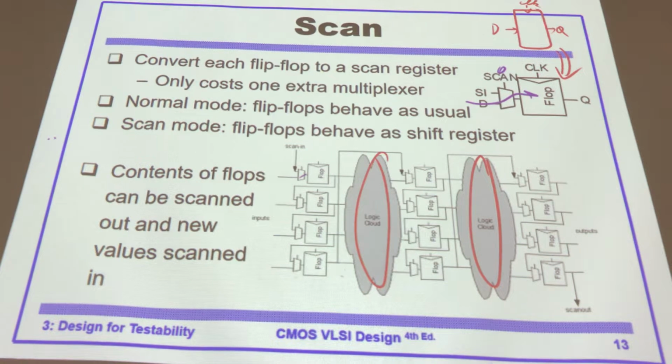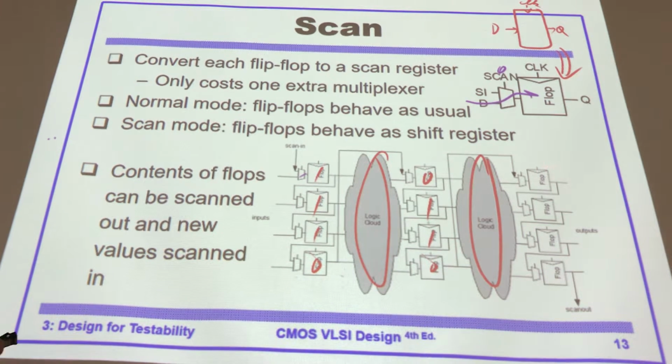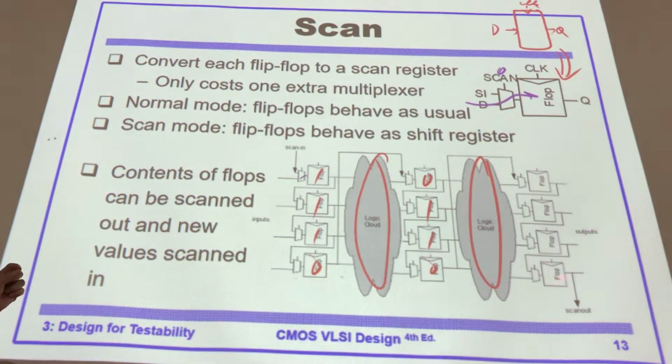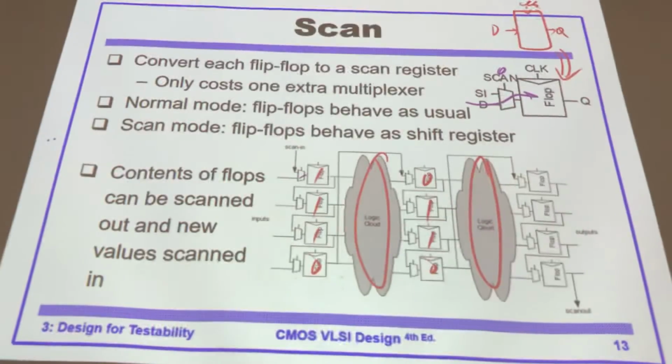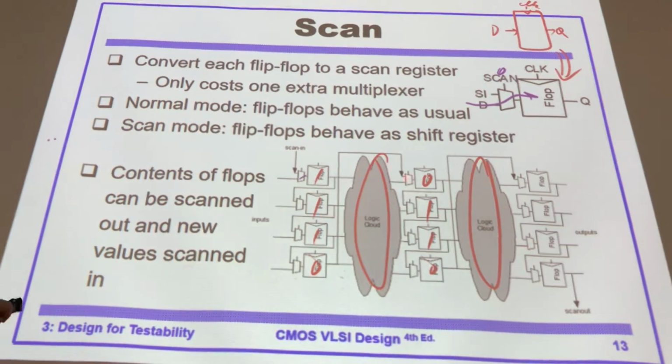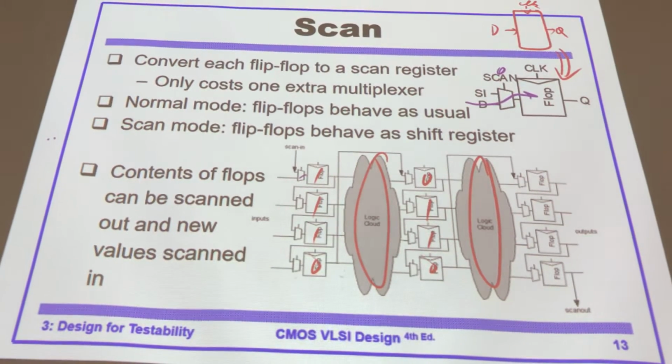So you try to set 0, 1, 1, 0, for example, and 1, 1, 1, 0, for example, such that after 1 clock cycle of normal mode, we can look at the output here to see whether or not this cloud and this cloud are correct, right?